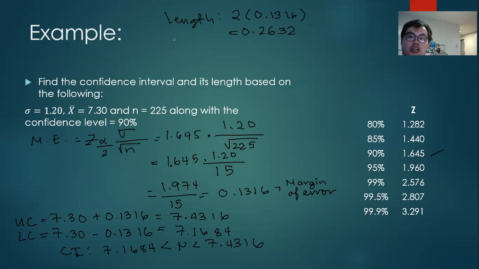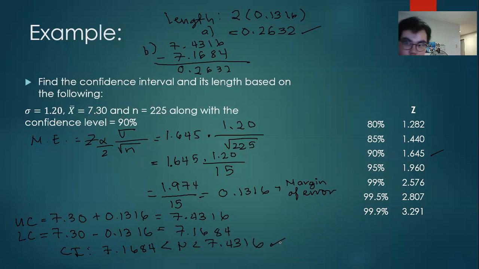Another way is 7.4316 minus 7.1684. We're going to subtract, and it will become 0.2632. So this is the length of the confidence interval, while this is the interval according to the confidence level, which is 90%. So this is the confidence interval.